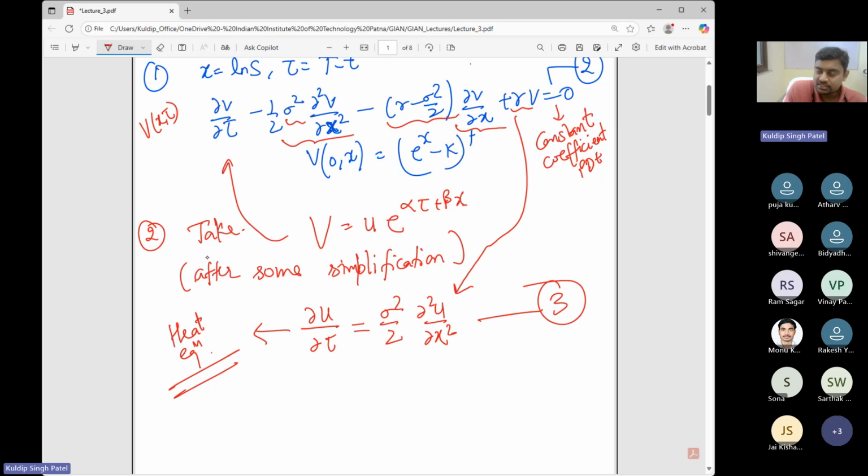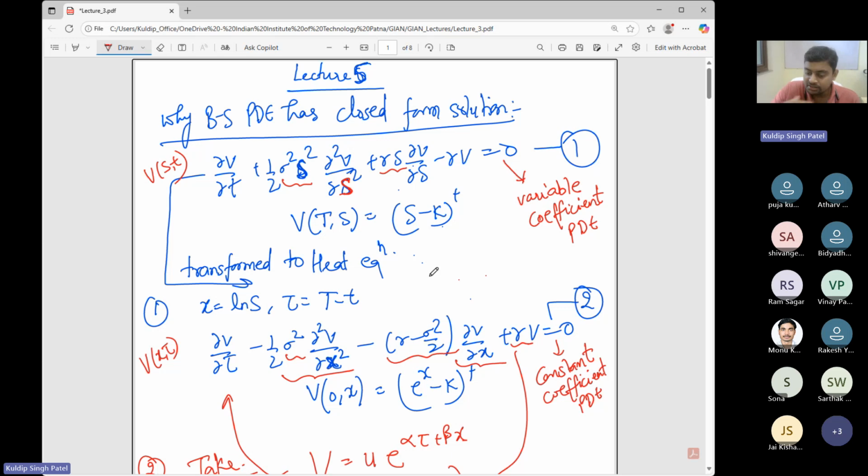So from here, you got this equation number 3. I hope this is clear to all of you. Lots of mathematics is involved here, please do not think that this is too simple. Of course not.